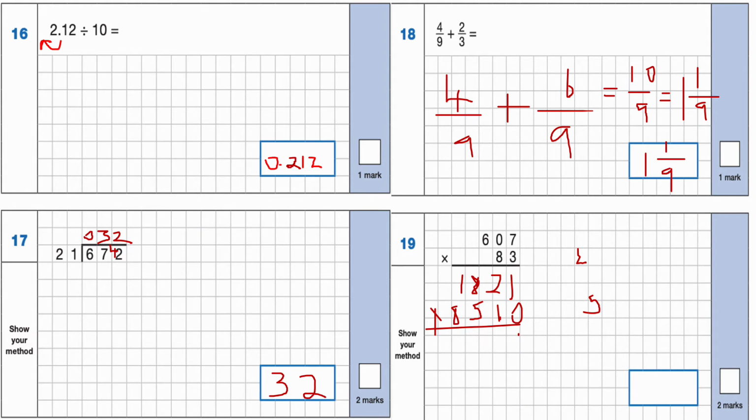1 plus 0 is 1. 2 plus 6 is 8. 8 plus 5 is 13. Oh, it should be a 3 there, not a 1. Okay. 8 plus 1 is 9. And then I've got that extra 4 there. So it's 49,381.